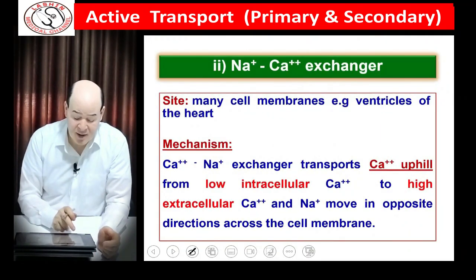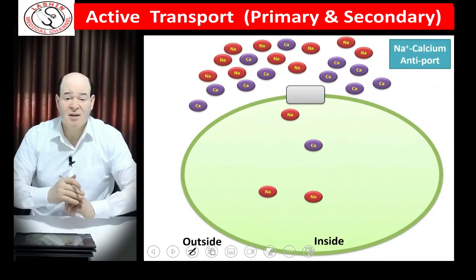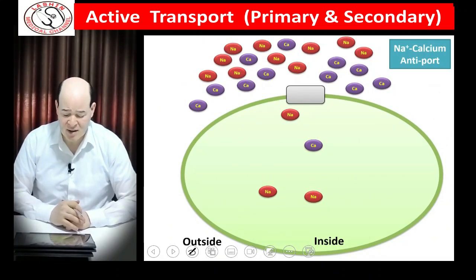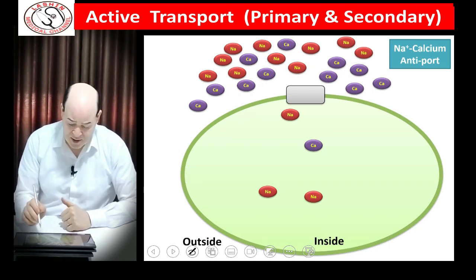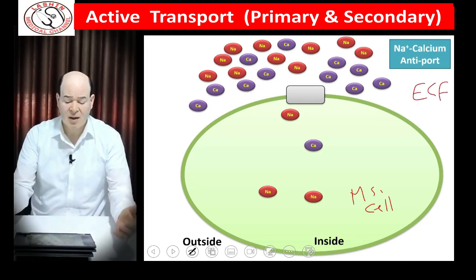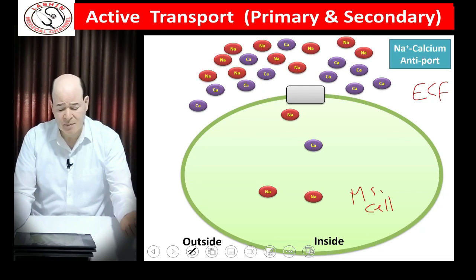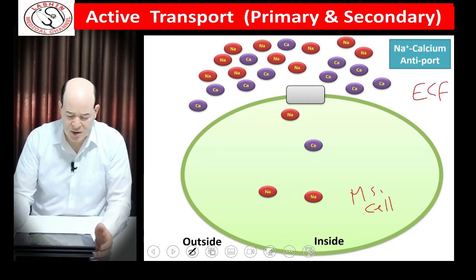The second example is the sodium calcium exchanger. It is present in the ventricular muscle cells, cardiomyocytes. Suppose that this is the cardiac muscle cell and this is the extracellular fluid. As you note, sodium is concentrated outside, far more than the concentration inside. This is our general rule.